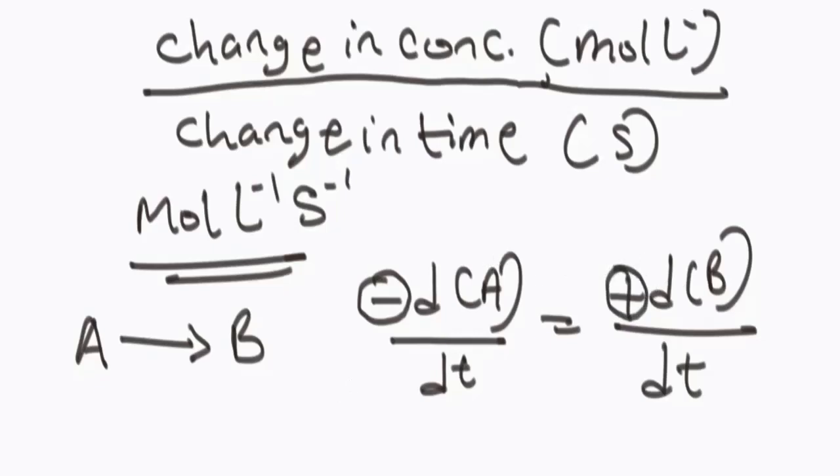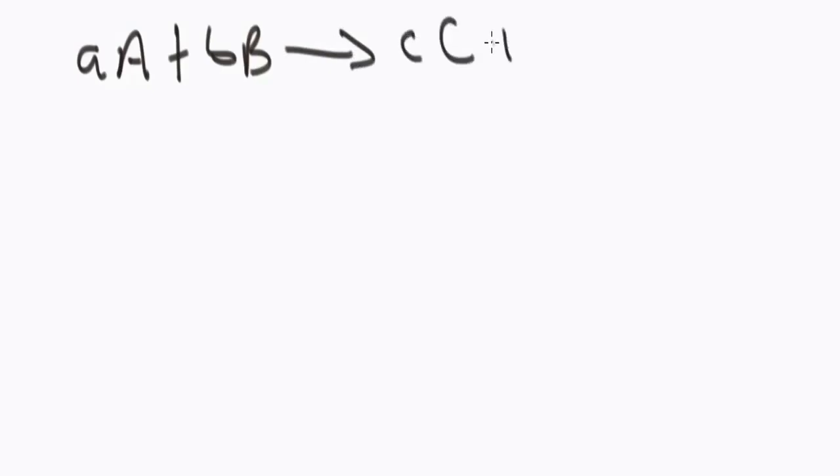So let's look at reaction rate and stoichiometry, which involves stoichiometric coefficients. Let's write this. We're given this expression: a A plus b B gives c C plus d D. So how do we calculate the rate of disappearance of A?